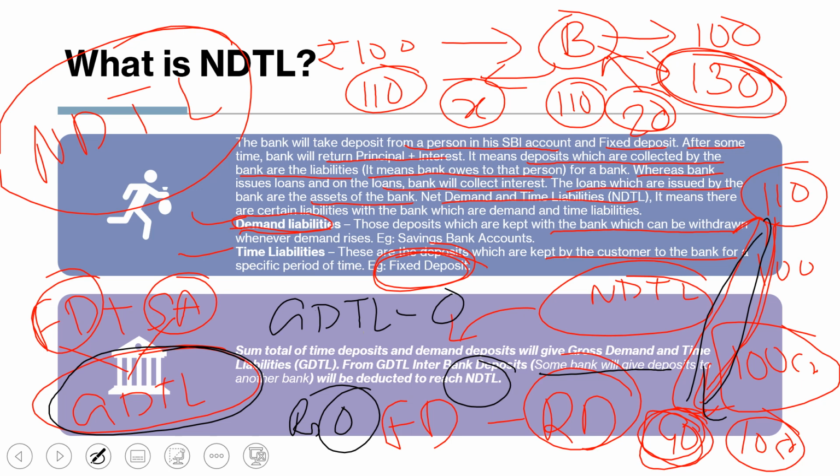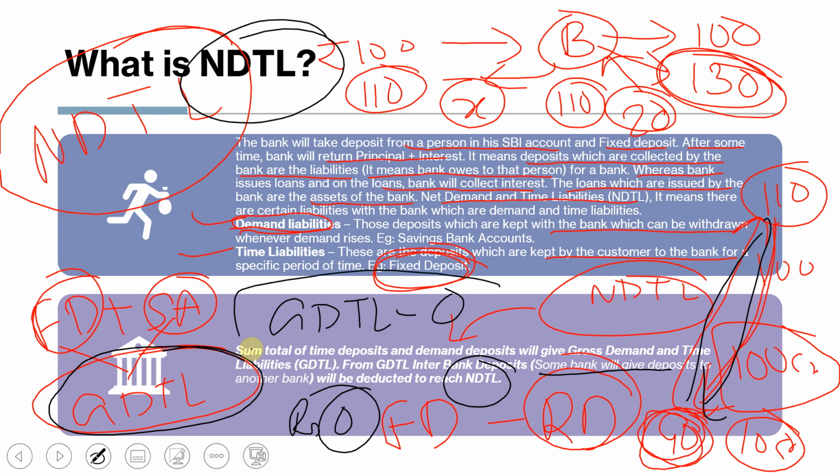So NDTL basically is the sum total of time deposits and demand deposits, and if that bank has any deposits with another bank, any interbank deposits, deduct that amount, then it will give you net demand time liabilities. Just understand one concept, that whenever you have a net term anywhere, it means there will be a subtraction.